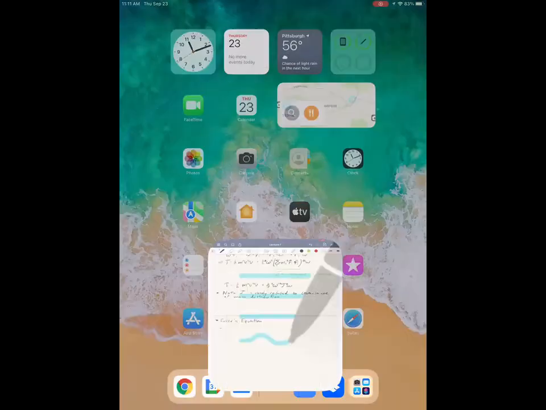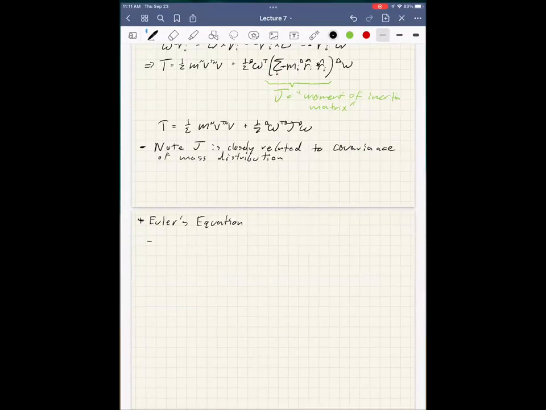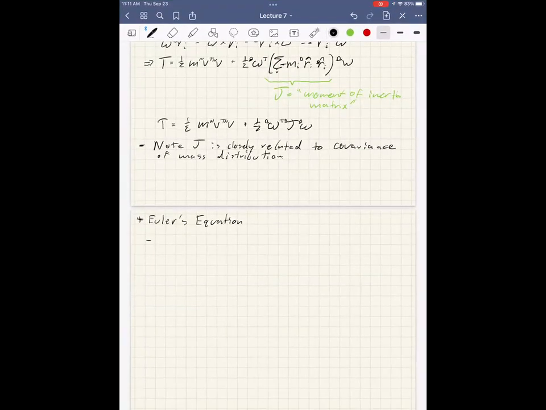So we've seen, right, in this kinetic energy situation, translation and rotation decouple, right? They show up as separate terms, and that's kind of fun. And that actually turns out to happen in general for the dynamics of a rigid body.